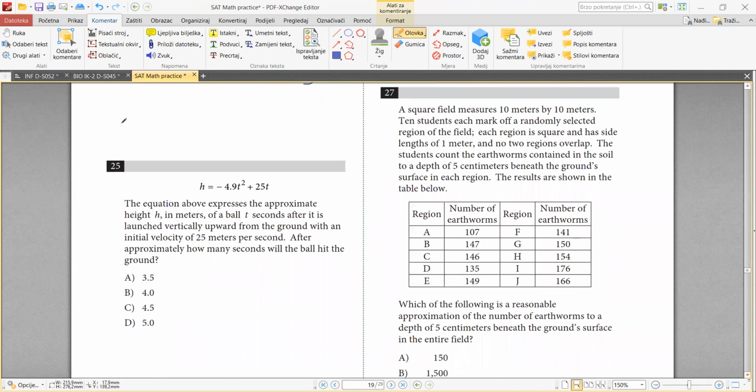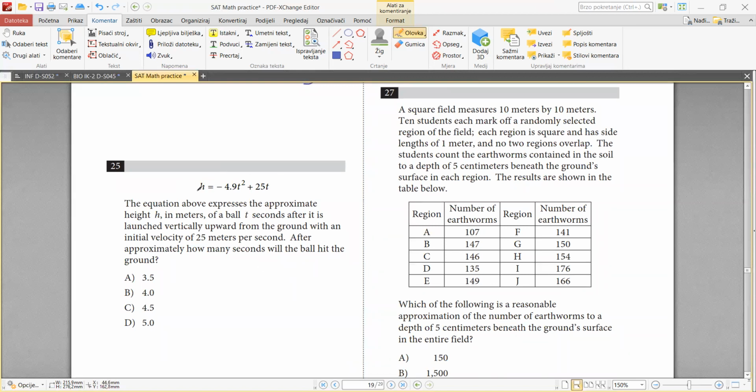Question number 25. The equation above expresses the approximate height h in meters of a ball t seconds after it is launched vertically upward from the ground with an initial velocity of 25 meters per second. After approximately how many seconds will the ball hit the ground?